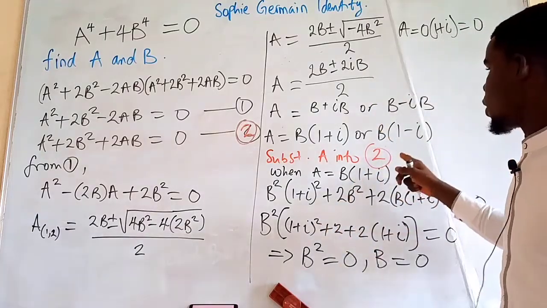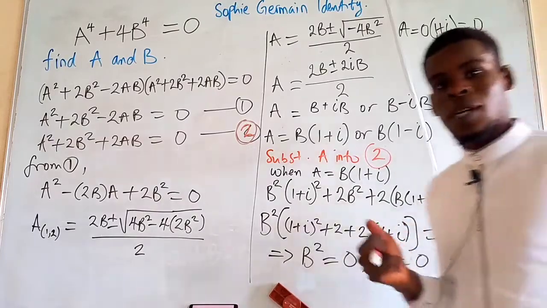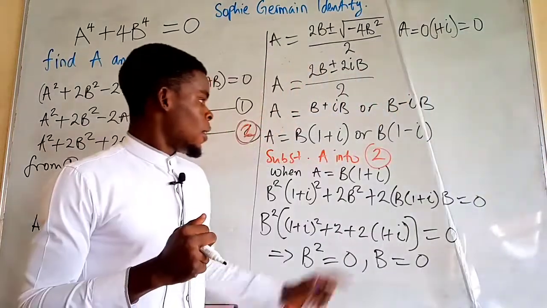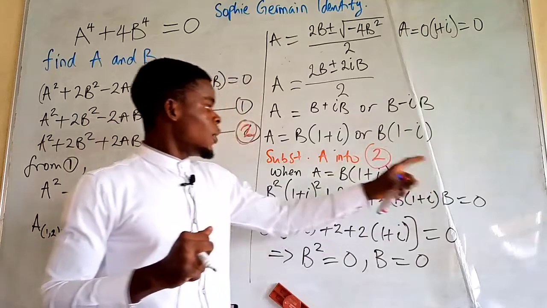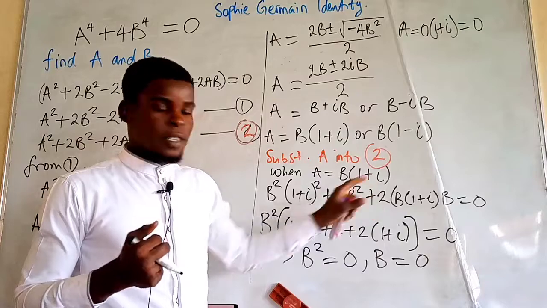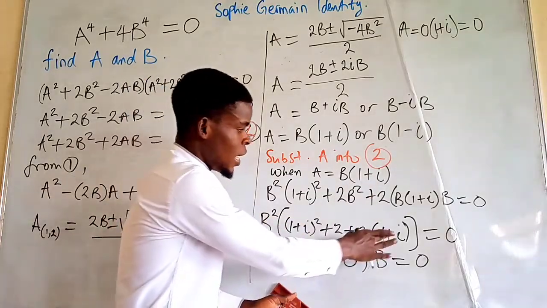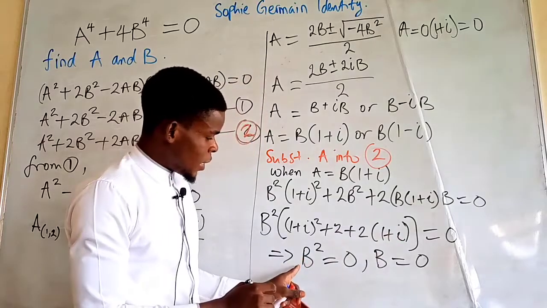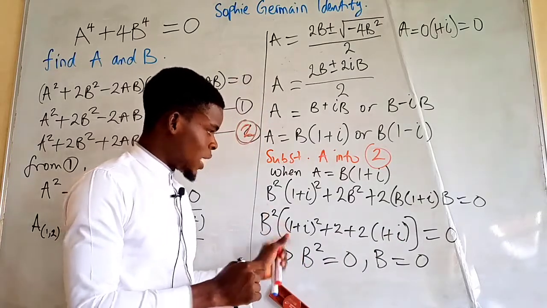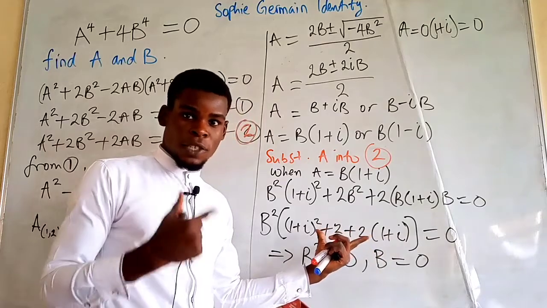Okay, remember we were talking about two values of a, this is plus and this one is minus. So when we are talking about the negative case here, we just substitute that for a into equation 2, so the only difference will be this as a minus. And if we just take it out, we will see that this place is going to be minus and minus. And again, it is still going to be that b squared times this is going to be 0. This one, in terms of the minus, is still not going to be 0.